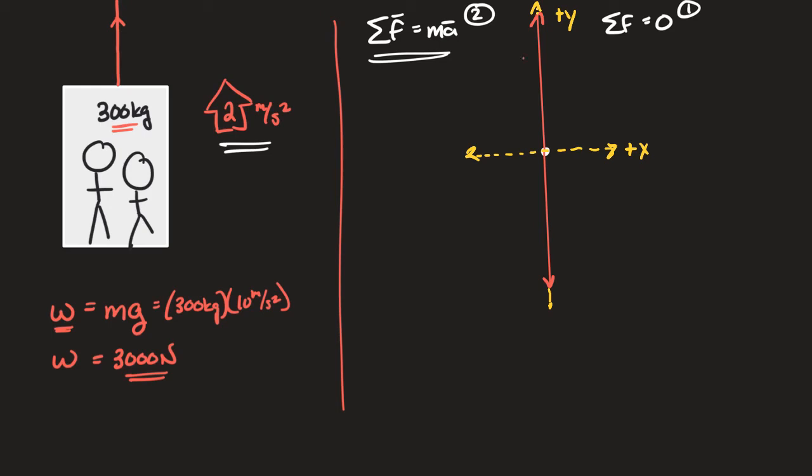Also, you will get it wrong if you don't apply labels to your arrows. Make sure you give them a name. I don't care how you name them. You can use the book's convention or mine, but give them a name. Once you have identified your coordinate system, take the law that governs that problem and break it up into two parts, the x direction and the y direction.